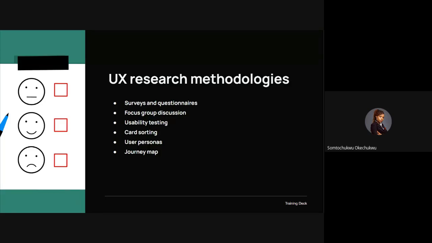Now we have, I didn't add it here, the user interviews. User interviews are where you speak with your users, mostly one-on-one interviews. This one-on-one interview is majorly for qualitative research. So now I'm not just bothered about speaking to 100 people.